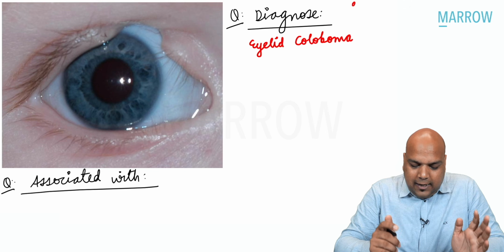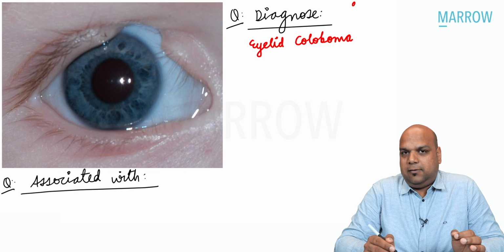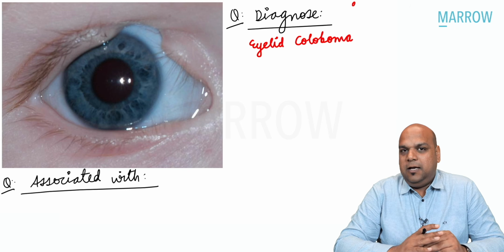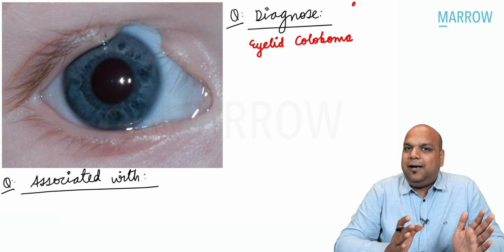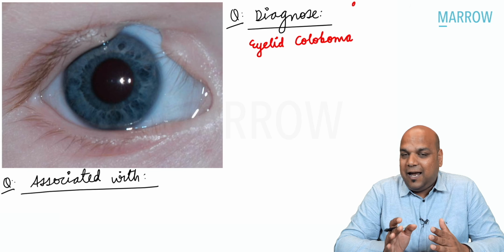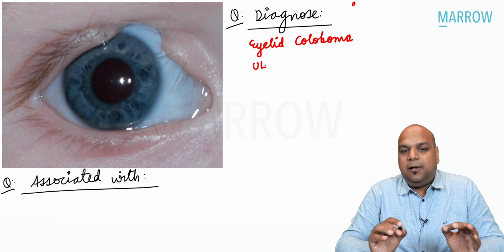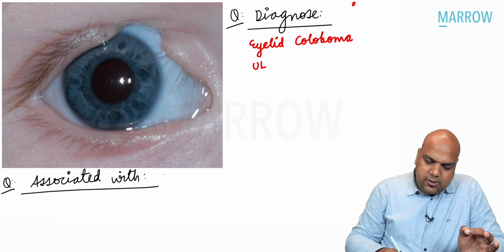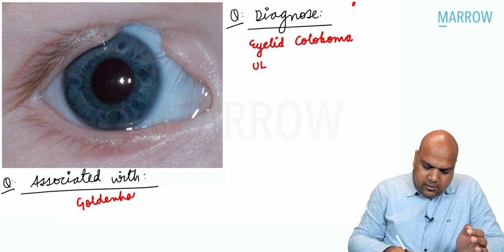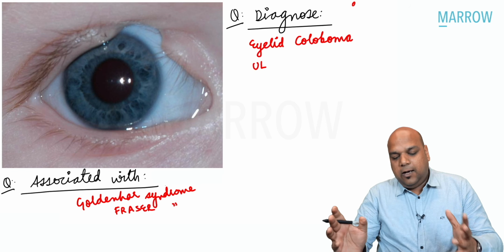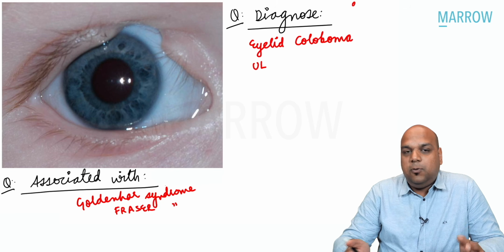Eyelid colobomas usually occur at the junction of the medial and the middle two-third, not laterally, and are more common in the upper lid. They are commonly associated with Goldenhar syndrome, and can also be seen as part of Fraser syndrome. Now, apart from the eyelid, where else are colobomas seen?